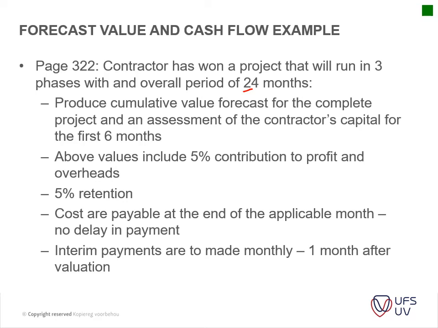Produce a cumulative value forecast for the complete project and an assessment of the contractor's capital for the first 6 months. Okay, the above values include 5% contribution to profit and overheads, and then you've got 5% retention. Then you've got a cost. Costs are payable at the end of the applicable month. No delay in payment. Okay, please take note of that.